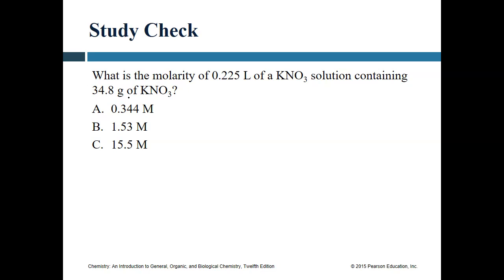So I've got 34.8 grams of potassium nitrate in 0.225 liters of overall solution. First thing that I need to do is figure out the molar mass of the potassium nitrate.